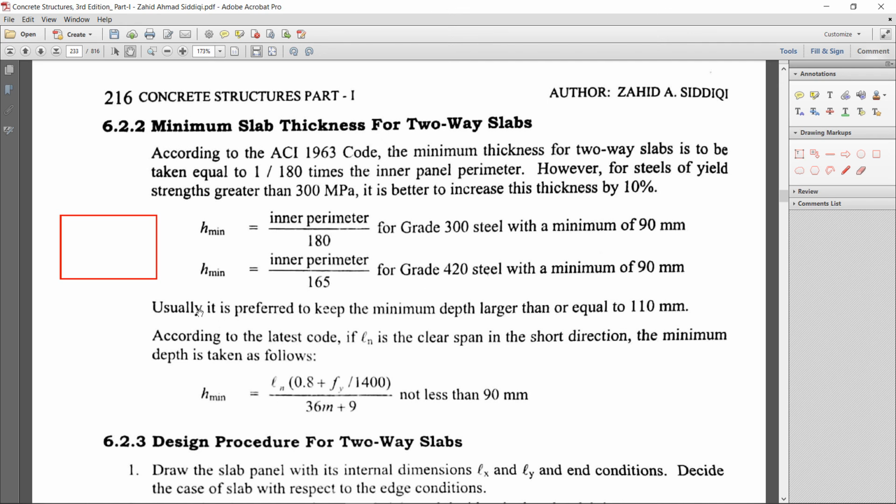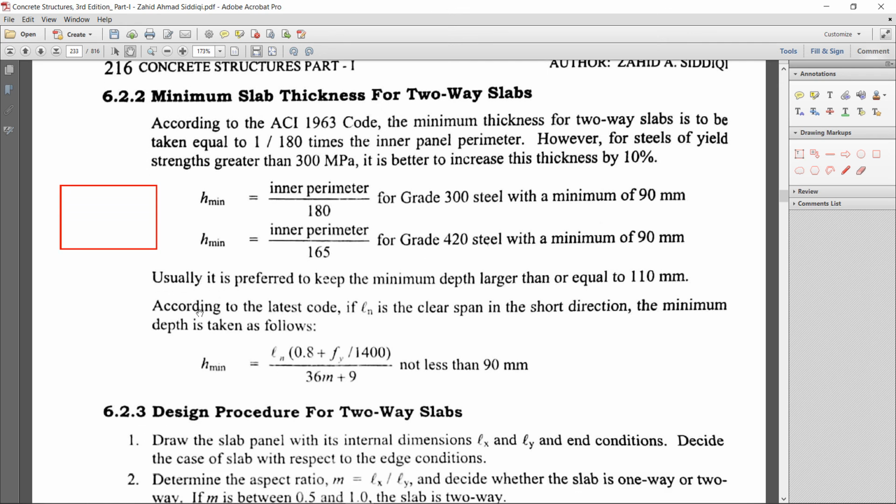Now in the new code, there is a latest formula that we will use. According to the latest code, if Ln is the clear span in the shorter direction, the minimum depth is taken as follows.